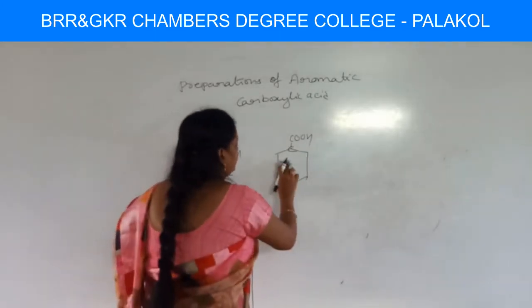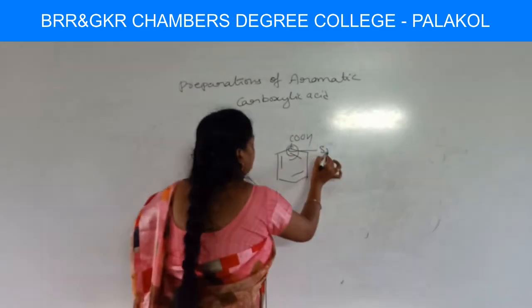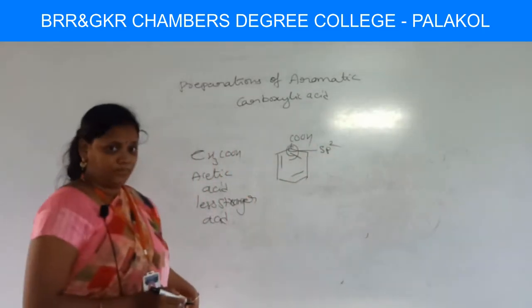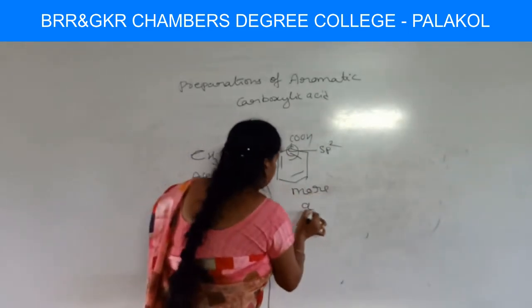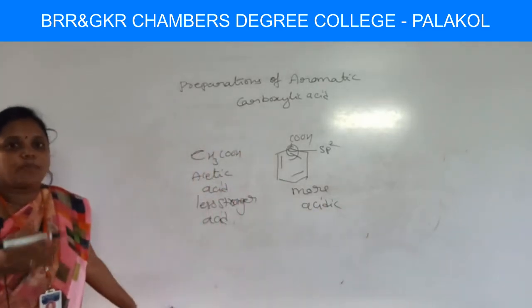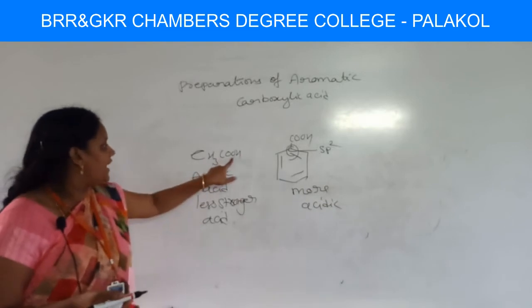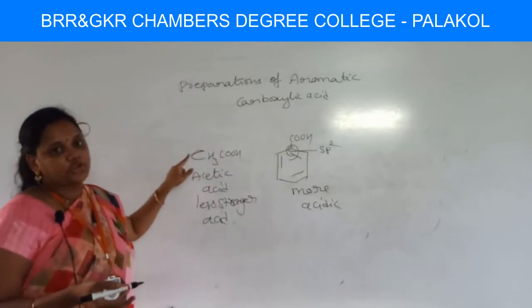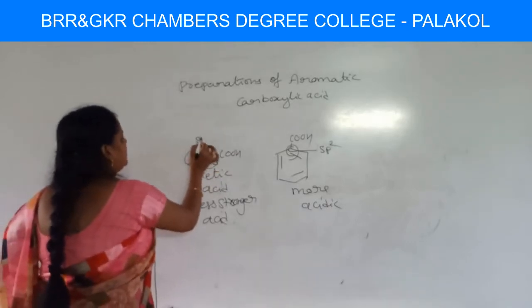Okay, benzene ring means if you write with bonds, this carbon is sp2 hybridized. Okay, so it is more acidic. We can recognize one more point here. The COOH group here is attached to a carbon which is sp3 in nature.